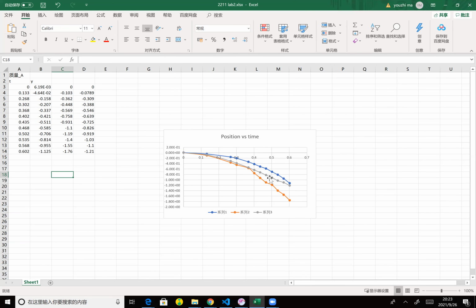However, for computational model two, you can see that it finally becomes a straight line because the drag force finally equals the gravity force, and the net force is equal to 0, so we don't have an acceleration.